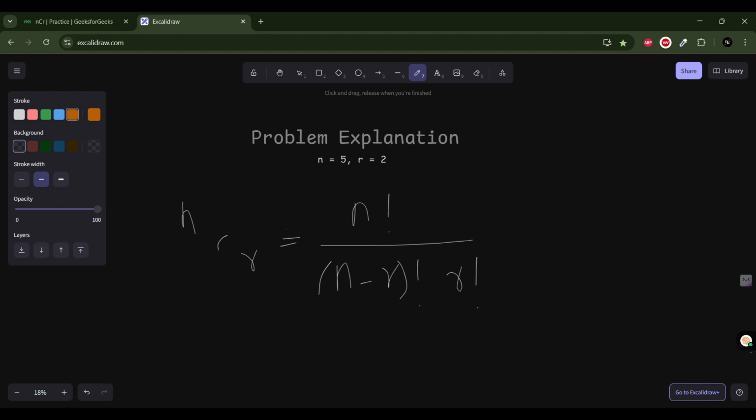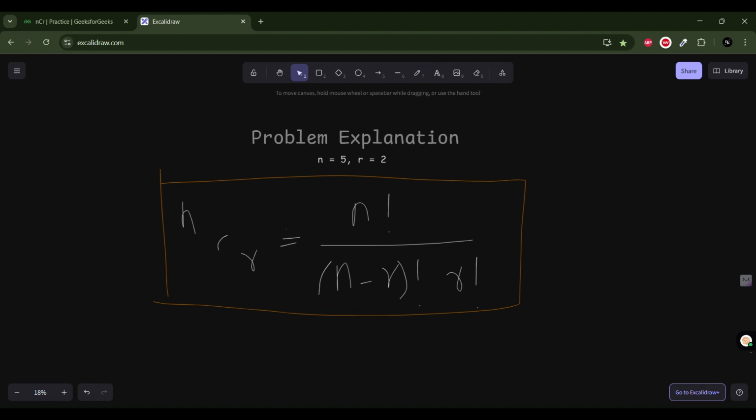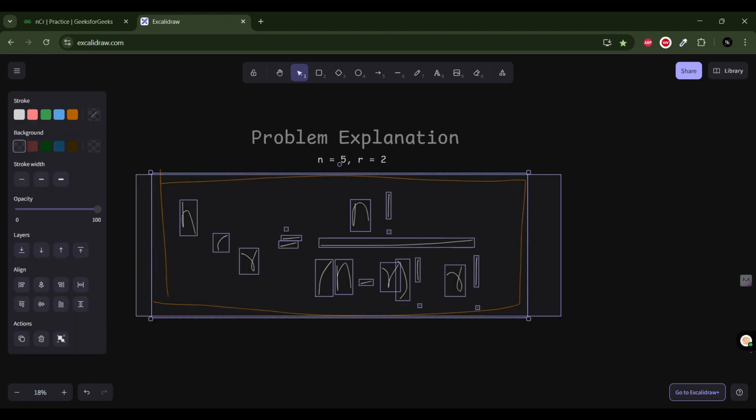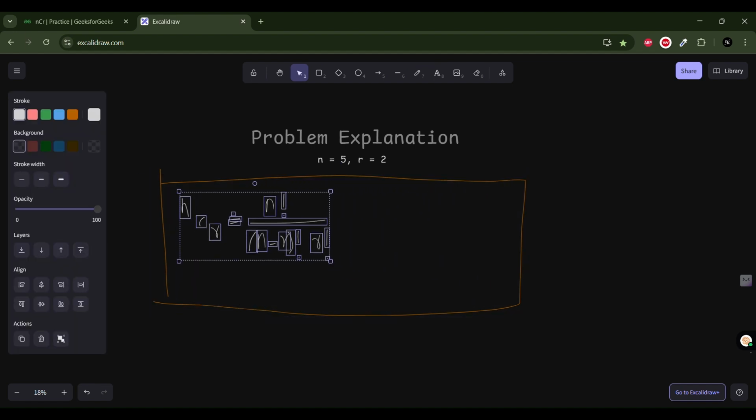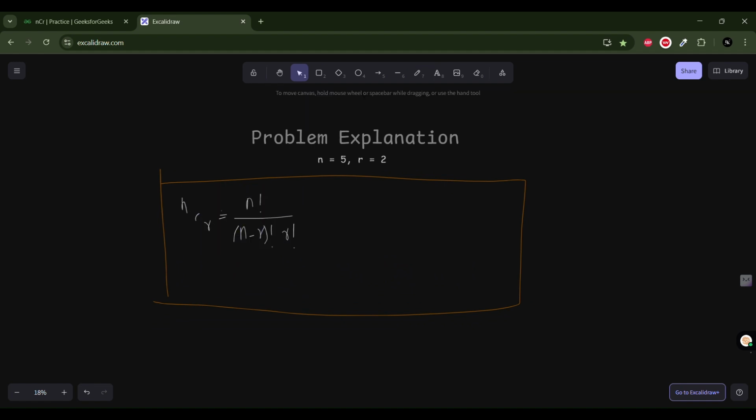This is the formula for the binomial coefficient, meaning nCr. By using this formula we have to calculate the given example.